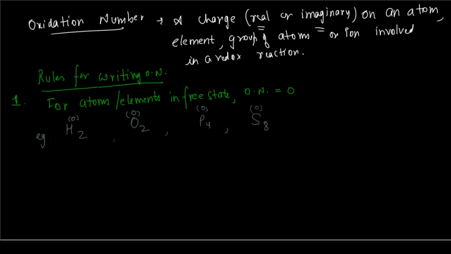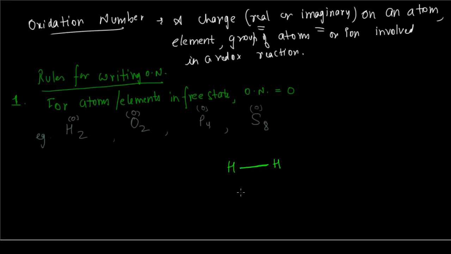Let's study this also. Let me take hydrogen since it's the simplest to understand. If you look into the structure, it is basically two hydrogen atoms attached through a covalent bond, right? Now in the hydrogen molecule, the two hydrogen atoms attached by a covalent bond both have the same electronegativity, right?